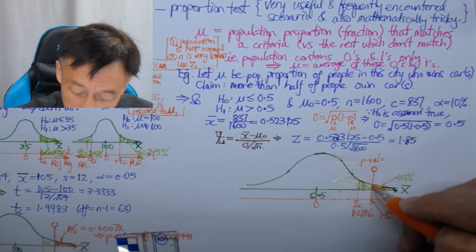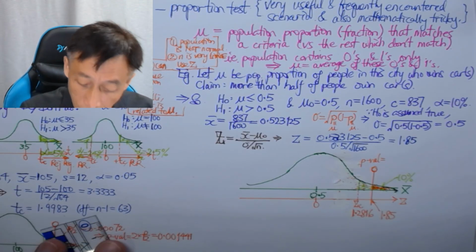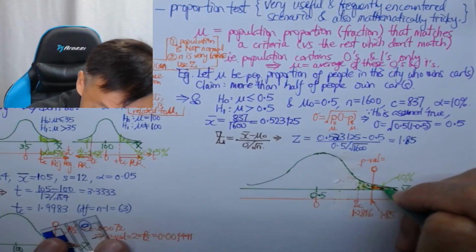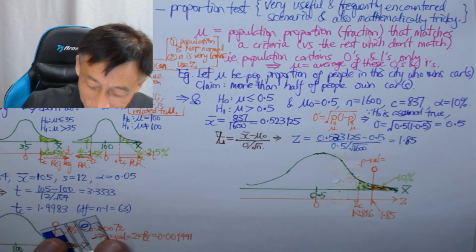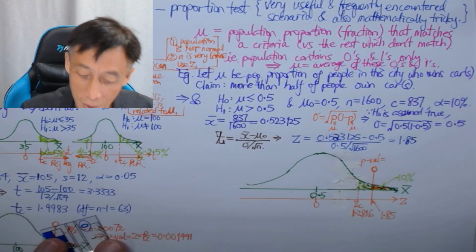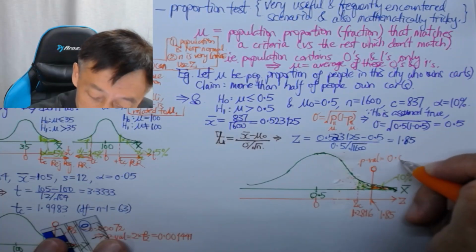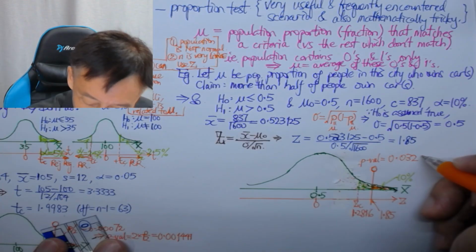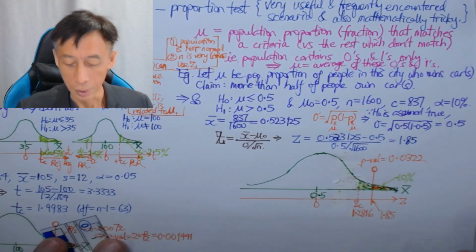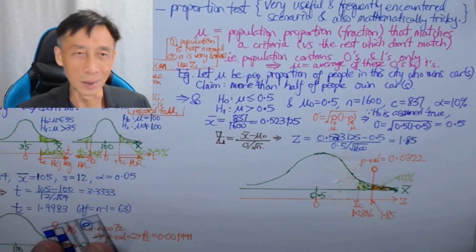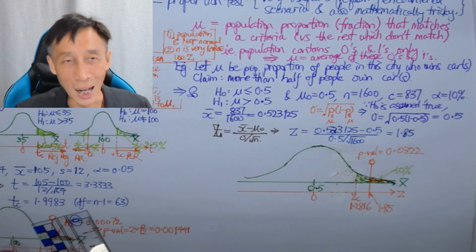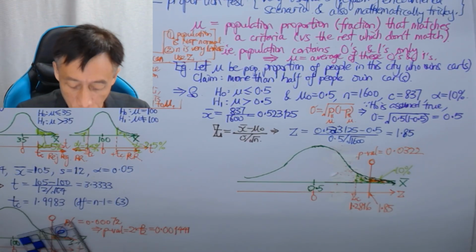So I'm going to emphasize this orange region and emphasize this green region. Okay, so the p-value that I get is 0.032157. Okay, all right. So for the decimal places of p-value, it is very good enough for many practical application purposes.